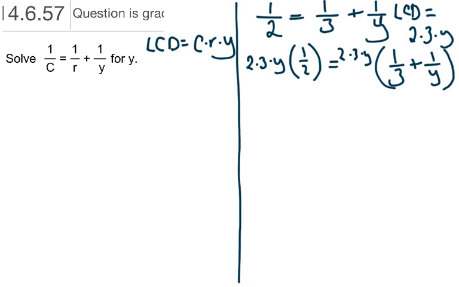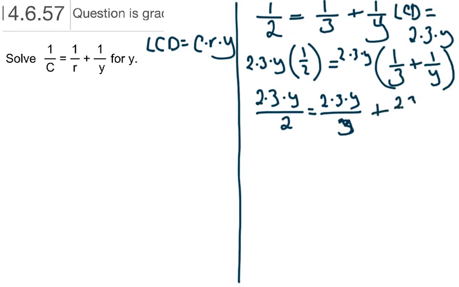The result in doing this, and we'll go ahead and write out the steps here, this looks like 2 times 3 times y times 1, but that just leaves us with 2 times 3 times y. And on the right-hand side, same deal, 2 times 3 times y times 1 leaves us with 2 times 3 times y times 1 over 3 plus 2 times 3 times y over y.